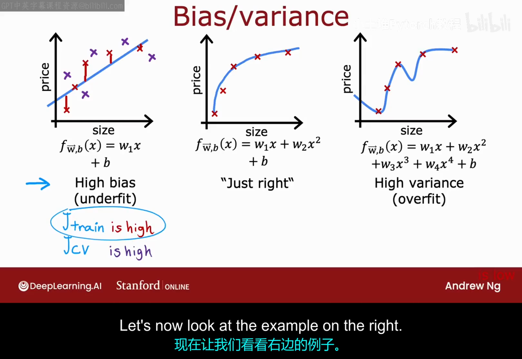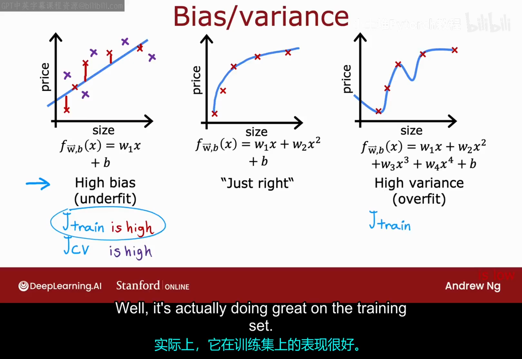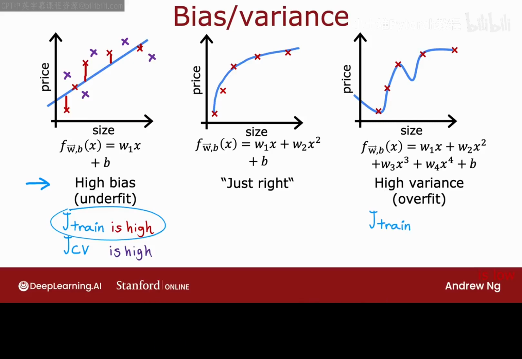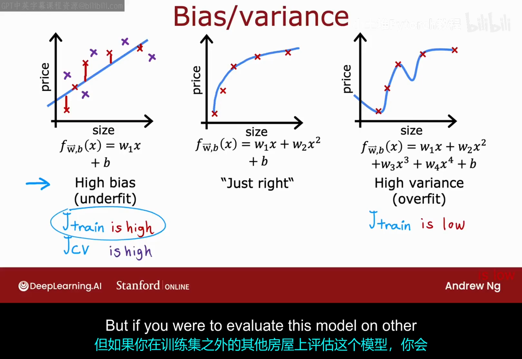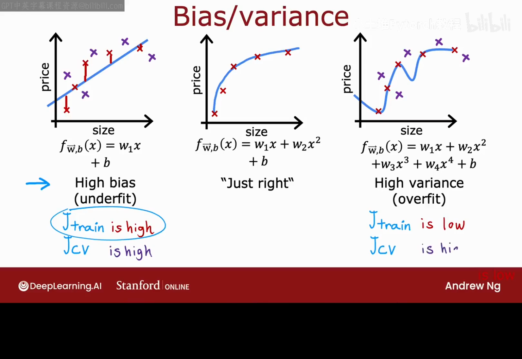Let's now look at the example on the right. If you were to compute JTrain, how well is this doing on the training set? Well, it's actually doing great on the training set. Fits the training data really well. So JTrain here would be low. But if you were to evaluate this model on other houses not in the training set, then you find that JCV, the cross-validation error, will be quite high.